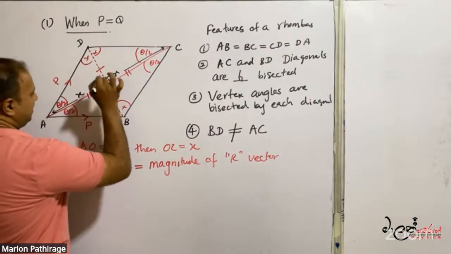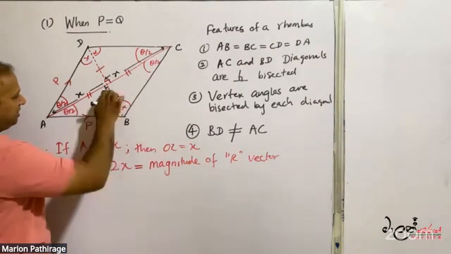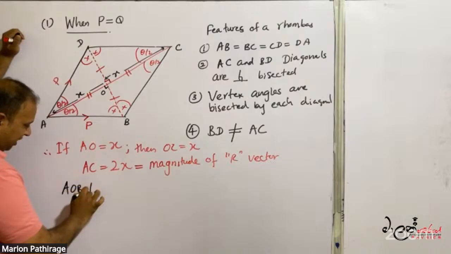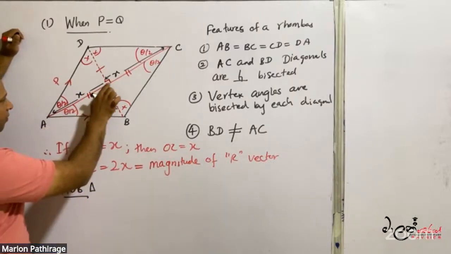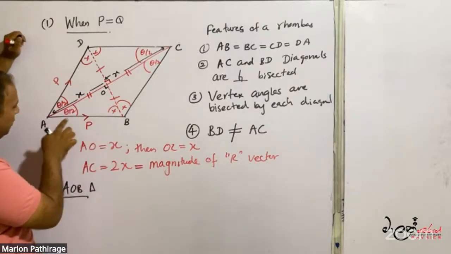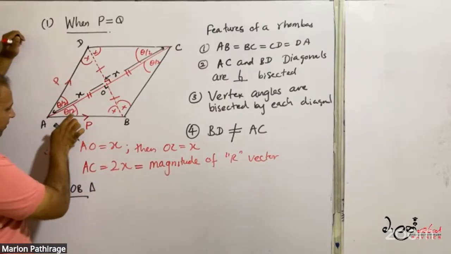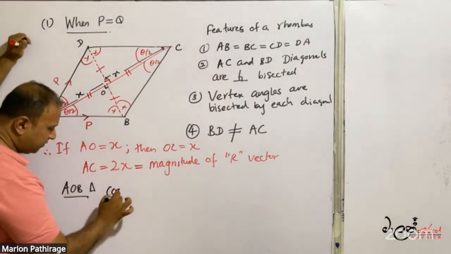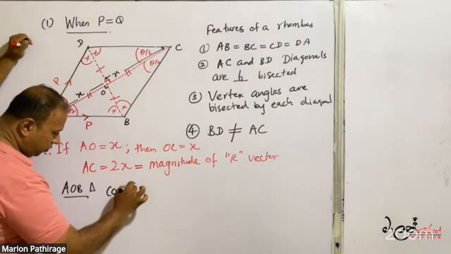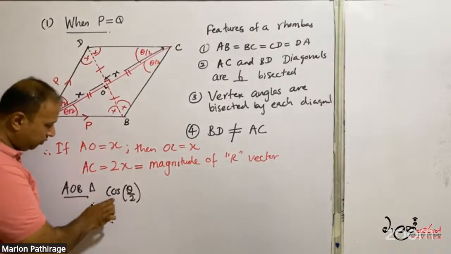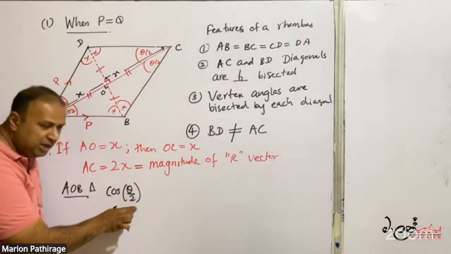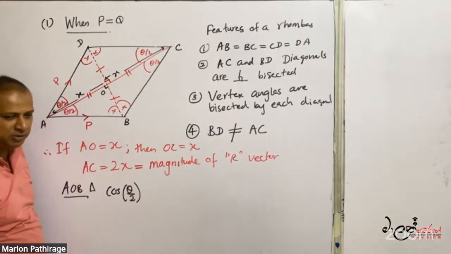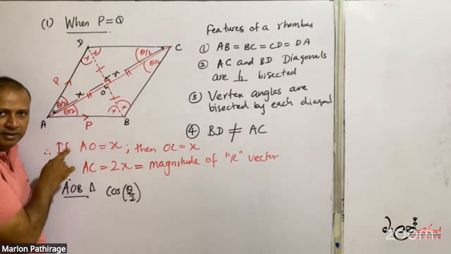Okay, now this is a rhombus. Therefore, this angle is 90. Therefore, if you consider the AOB triangle, look at this one. If you write the cos value of theta over 2, it means the angle should be divided by 2 and then take the cos value.